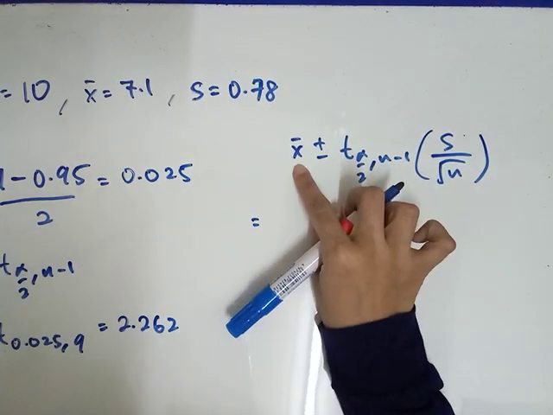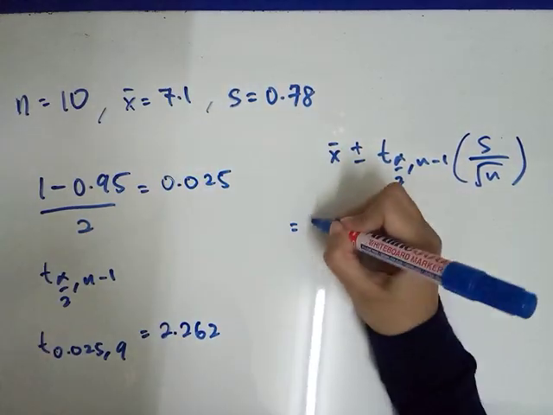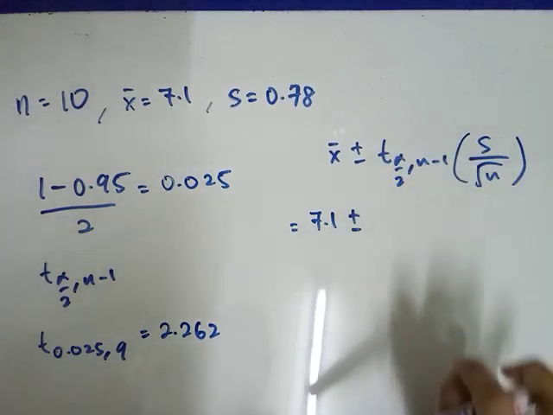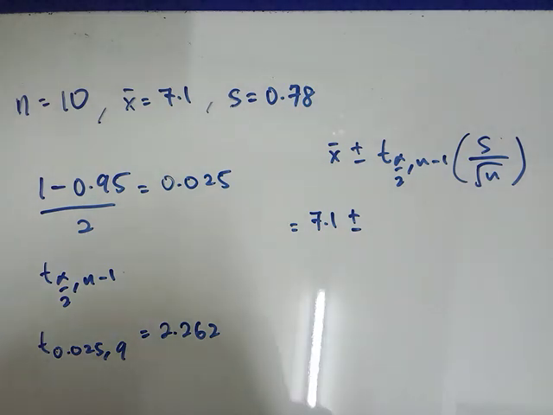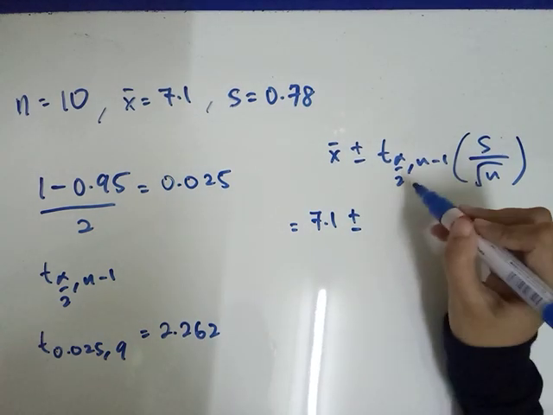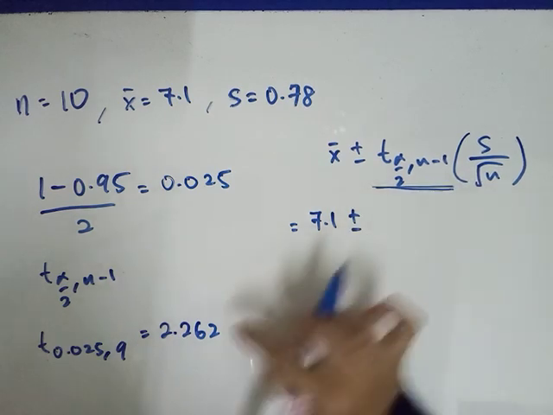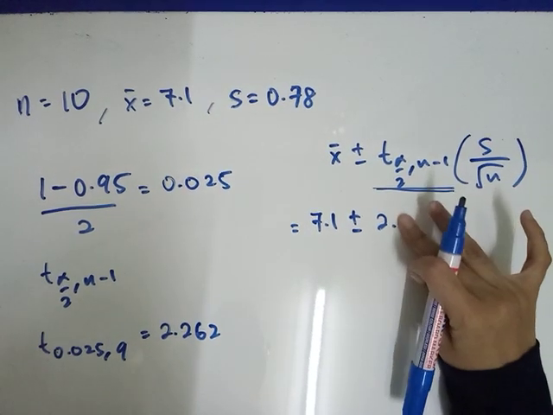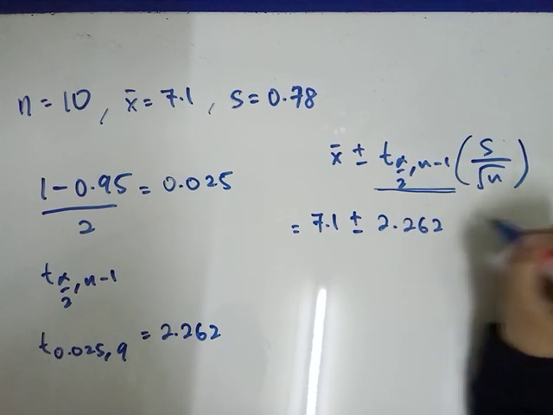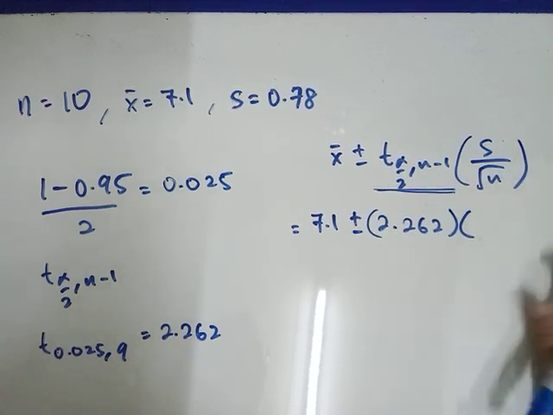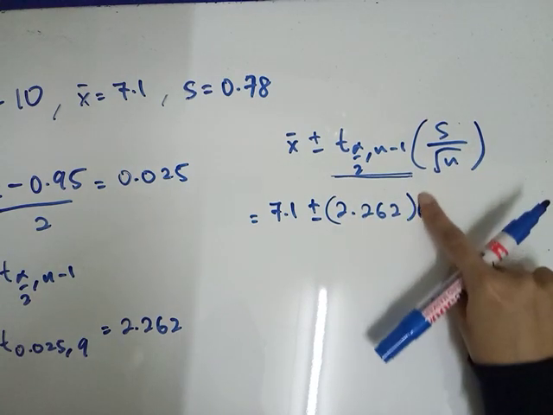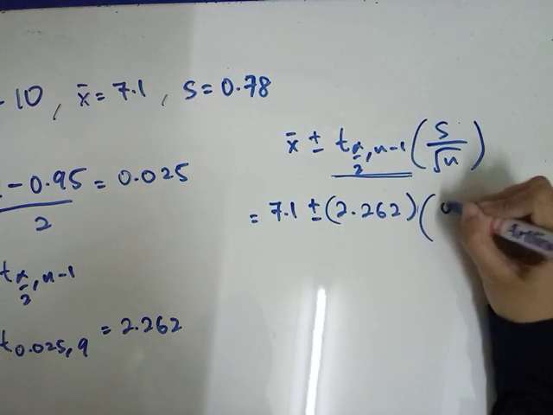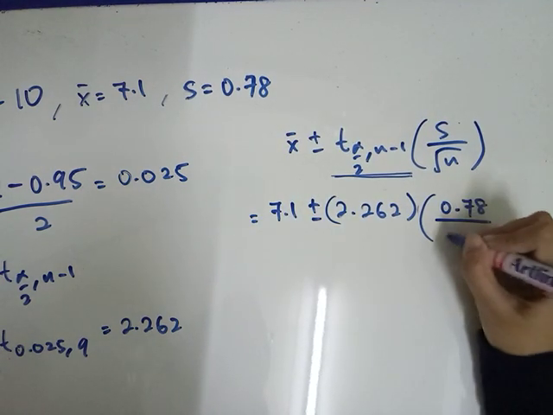So we know that the sample mean is 7.1, plus minus T alpha over 2, this one, 2.262, times the standard deviation of the sample, 0.78, divided by square root 10.